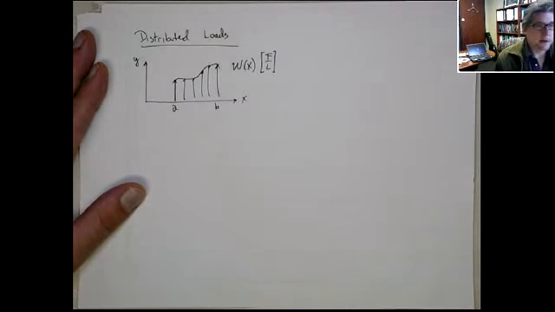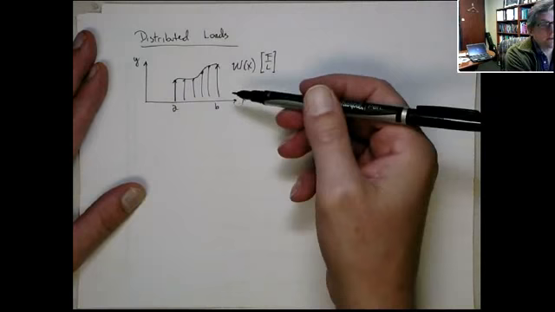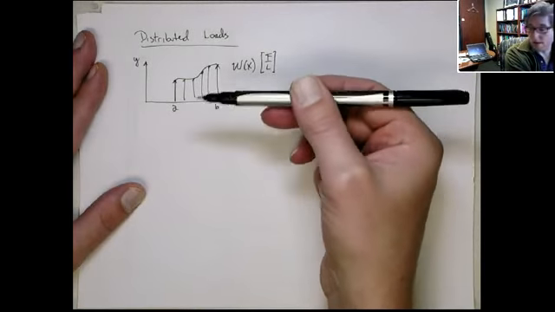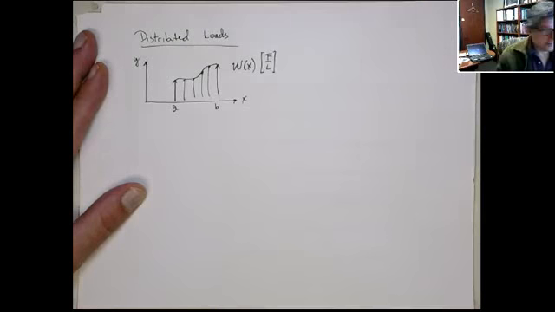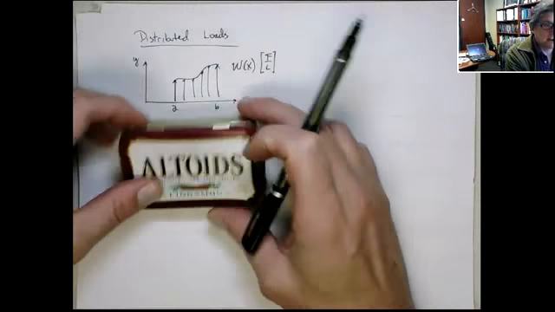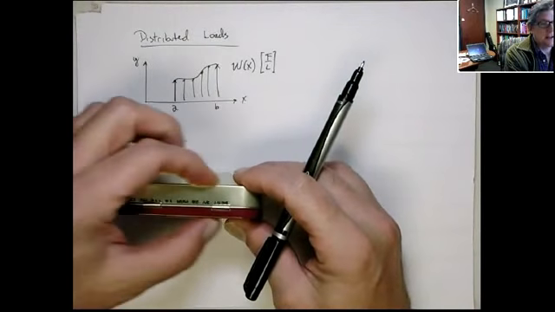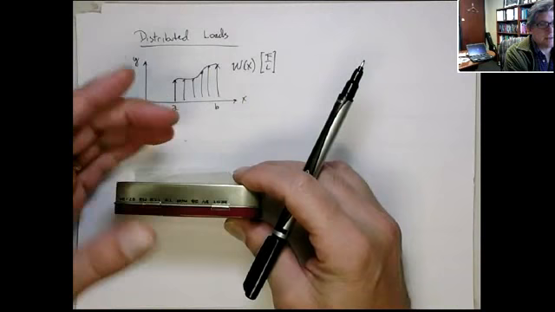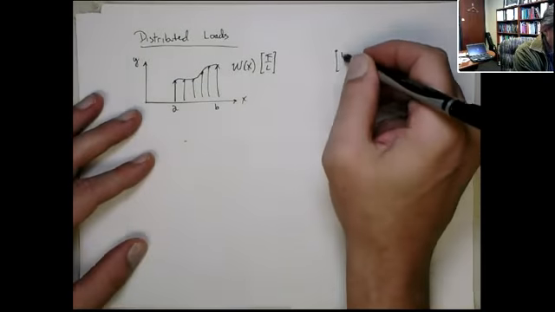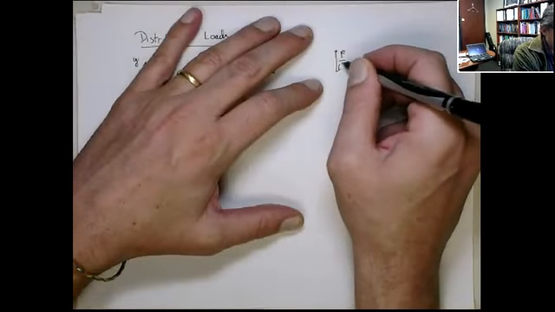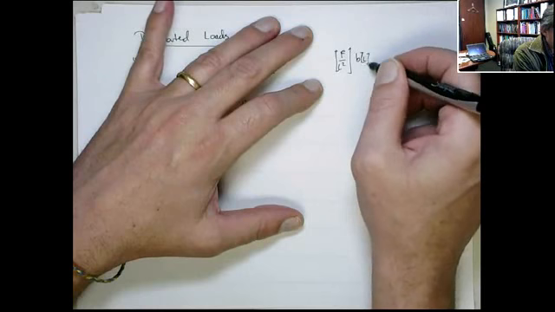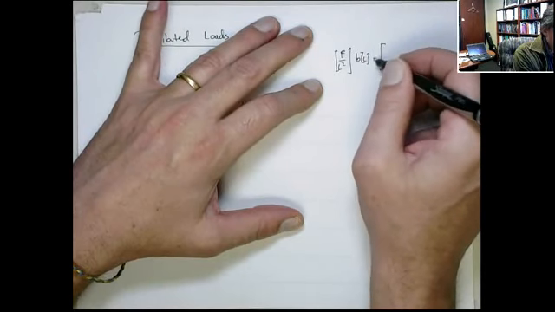If it's force per area, then you need to know the dimension out of the page, so to speak. You multiply that force per length squared by that thickness b, which is a length, to get the appropriate force.